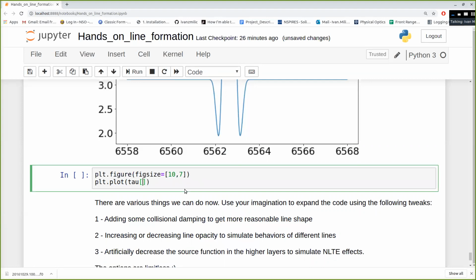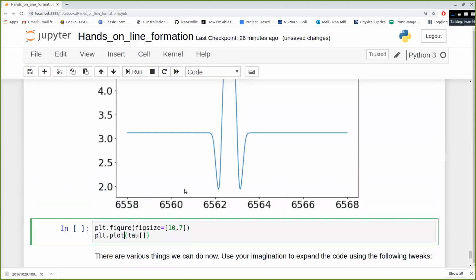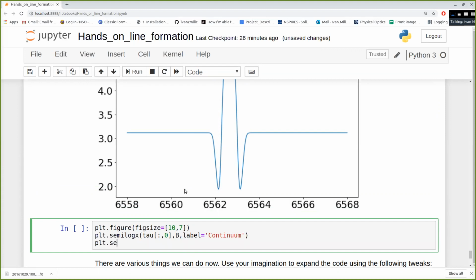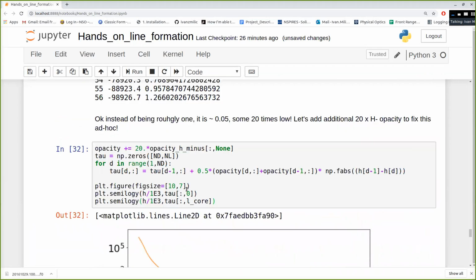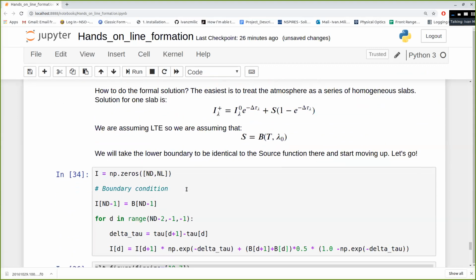So this is going to be semilog x, so I'm going to use the x-axis in log scale. Tau in the continuum, B, I'm going to call that continuum. And then I'm going to plot at the, was it LC or L core? L core, cool.